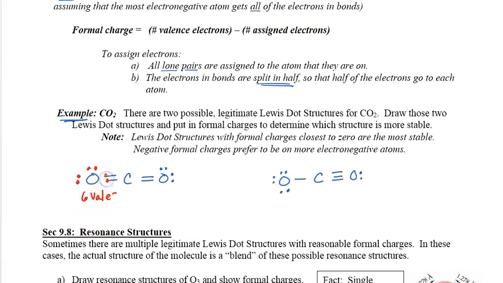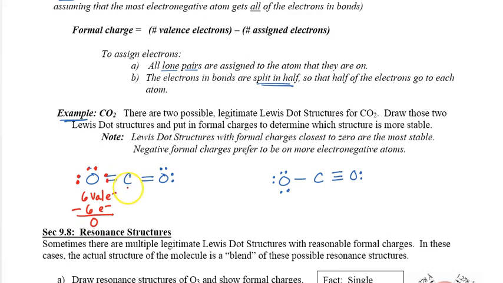Then we take half of the electrons from the bond, so we only take 2 more. So 2, 4, 6 electrons are assigned to the oxygen here. Minus 6 assigned electrons gives you a total charge of 0. So that oxygen has a 0 formal charge.